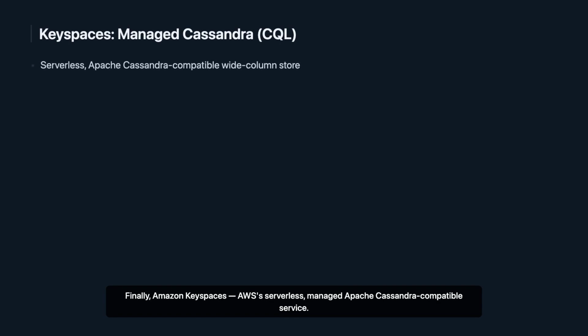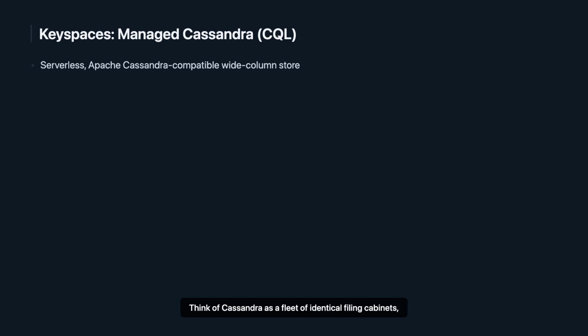Finally, Amazon Keyspaces, Amazon Web Services' serverless, managed Apache Cassandra-compatible service. Think of Cassandra as a fleet of identical filing cabinets, each holding a wide row of related data. That model is perfect for time series, because today's sensor readings are all stored in one drawer, sorted by timestamp.